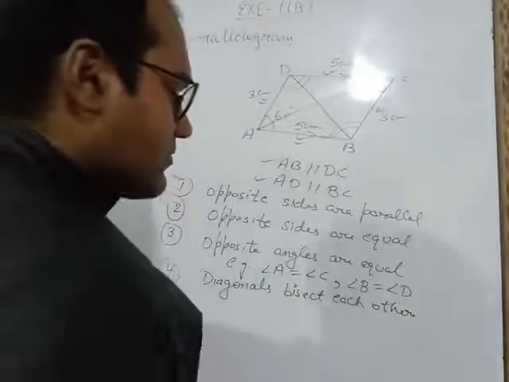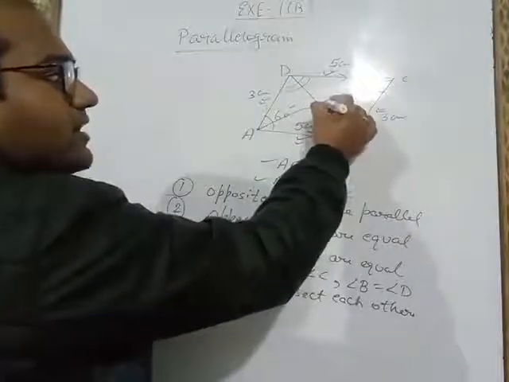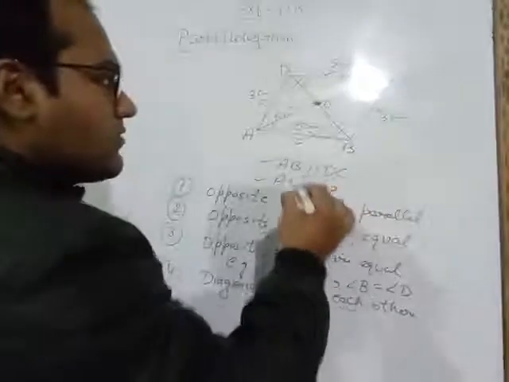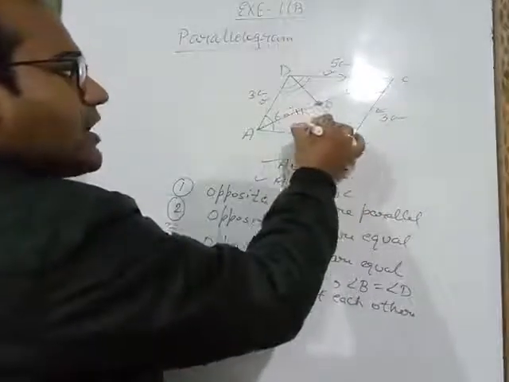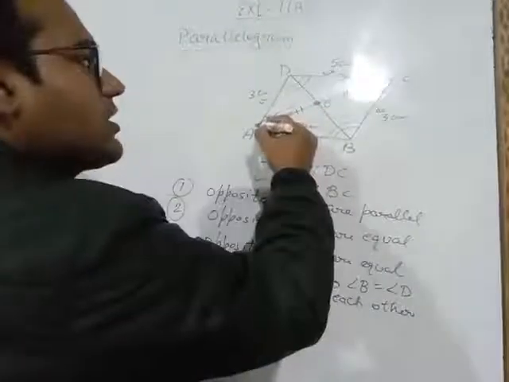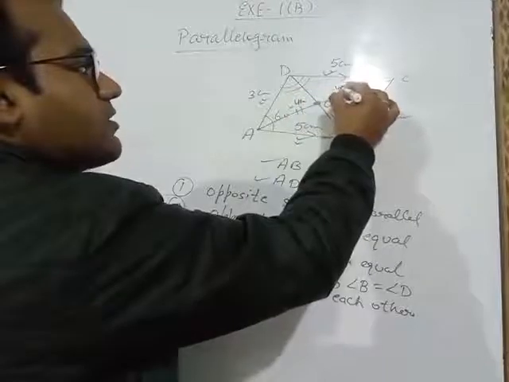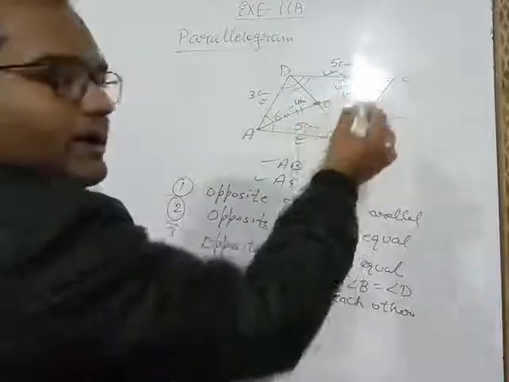What is the meaning of this fourth property? These two diagonals AC and BD are intersecting at point O. So the length of AO and the length of OC will be equal to each other. If the complete length is 8, then this is 4 cm and this will also be 4 cm. That means AO and OC are equal.